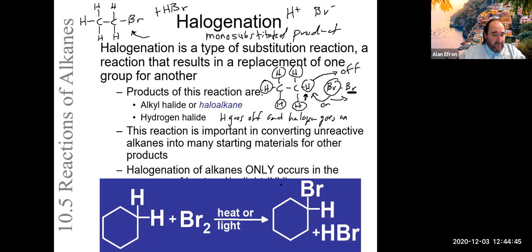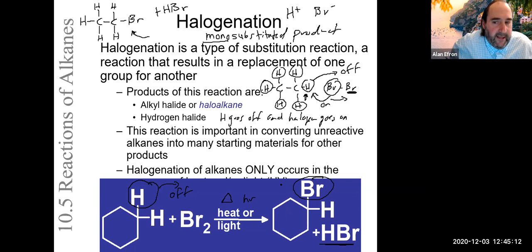But if you're asked to draw the monosubstituted, you would just draw one of the hydrogens gone. Again, heat, which is sometimes abbreviated with the delta symbol, or hν, sometimes used up here as a catalyst. But basically the same thing's happening. One hydrogen is going to go off here, going to be replaced by one of the bromines coming on, and then our H and our Br would come together in that particular case.